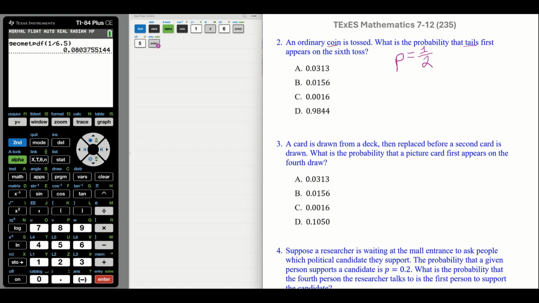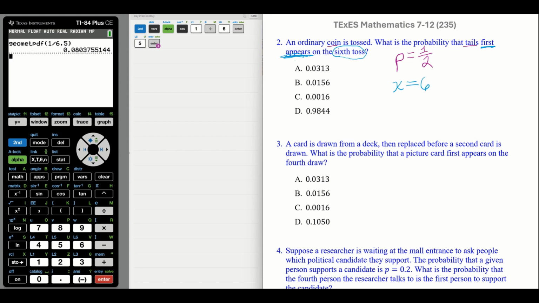Now it's saying first appears. And that's precisely on the 6th toss. That's how we know that we're using our geometpdf. So our x we want to put in is going to be the 6.